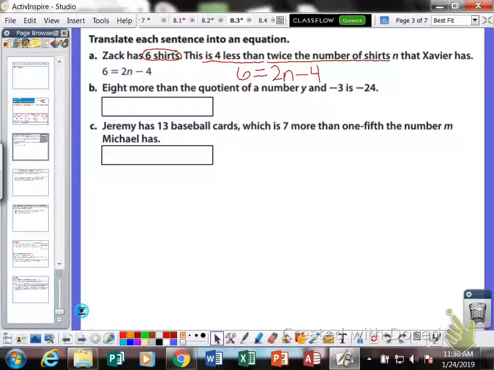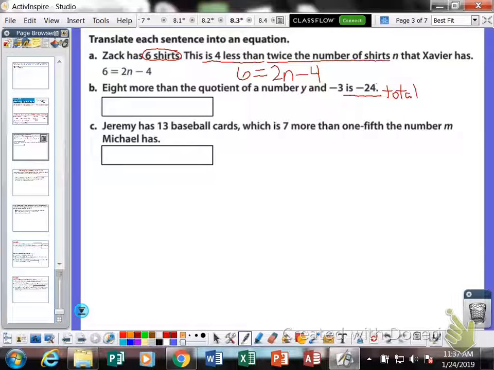For our second one, we have 8 more than the quotient of a number y and -3 is 24. So we have is 24, that tells us that's our total. And then we have 8 more than.